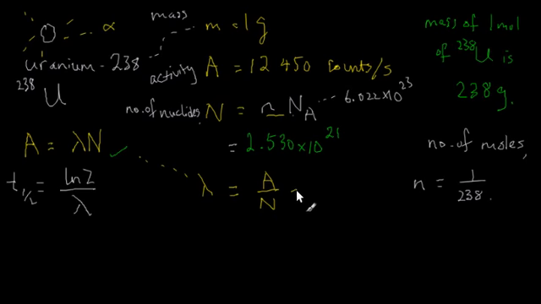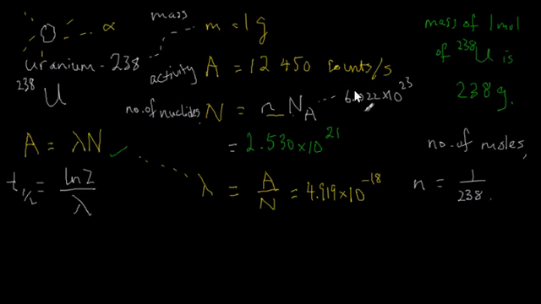And the answer is 4.919 times 10 to the power of minus 18. Now what is the unit for this? Right, A is in counts per second, N is the number of nuclei. So count is not actually a unit with dimension like seconds or length.